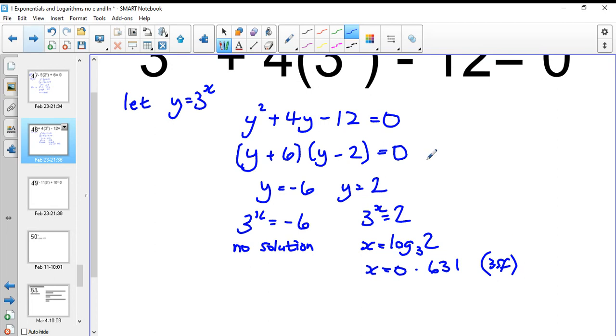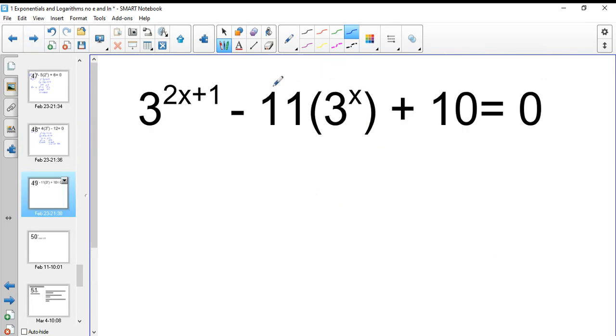Okay, and the last one I'm going to do is this one here, just to remind you about what to do if you don't have just a 2x and a 1x. This one you've got a 3 to the 2x plus 1. So we can't use that approach until this just says 3 to the 2x. So we're going to use this law of indices. X to the a times x to the b is x to the a plus b, because we've got an addition as an index.